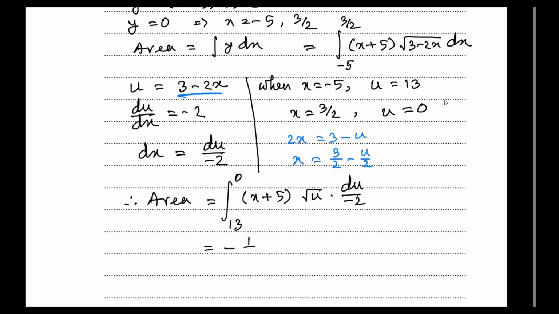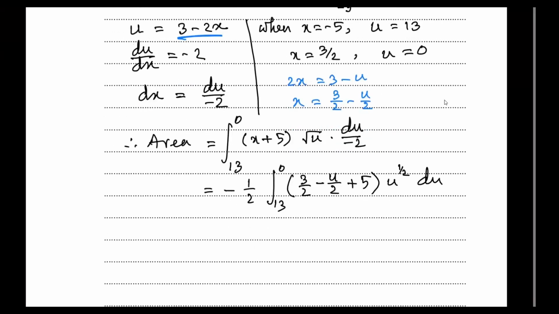Minus half, integral from 13 to 0 of 3 by 2 minus u by 2 plus 5 into u to the power half du.